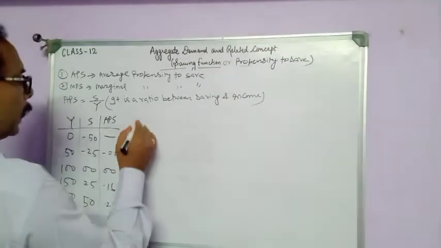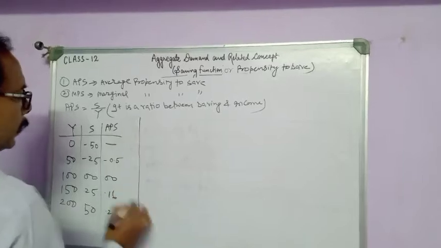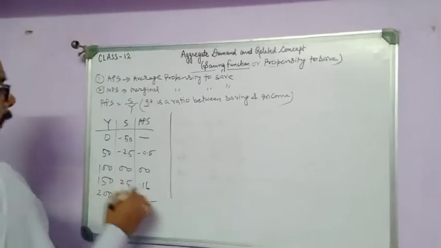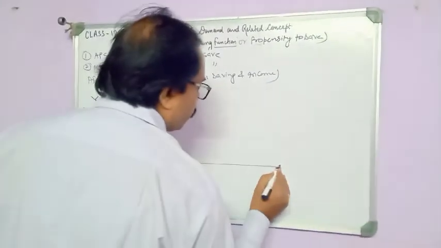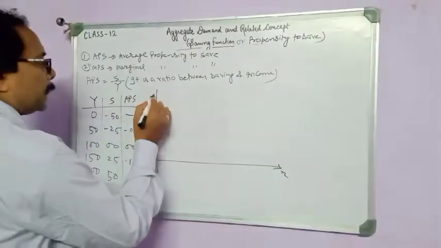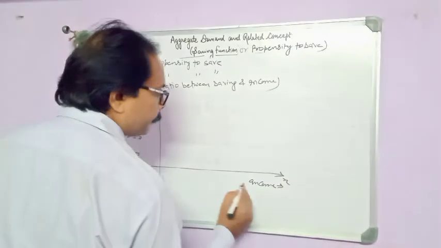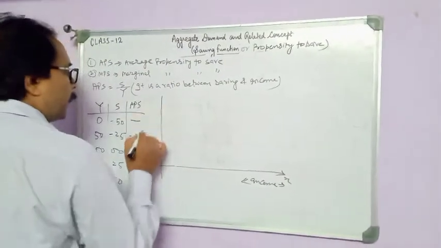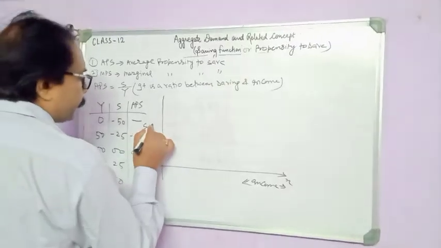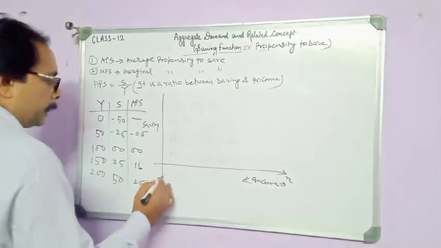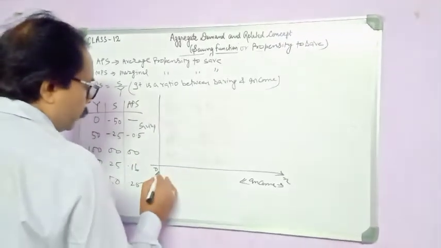We can calculate APS through the diagrammatical presentation. On the x-axis, that is the income, and on the y-axis, that is the saving. Clear? This is the 0.